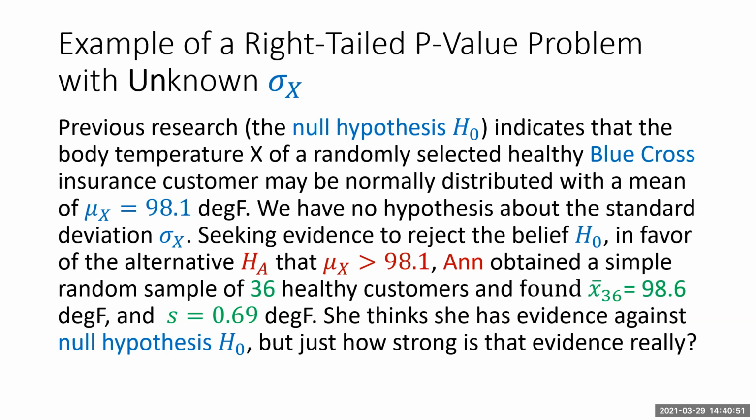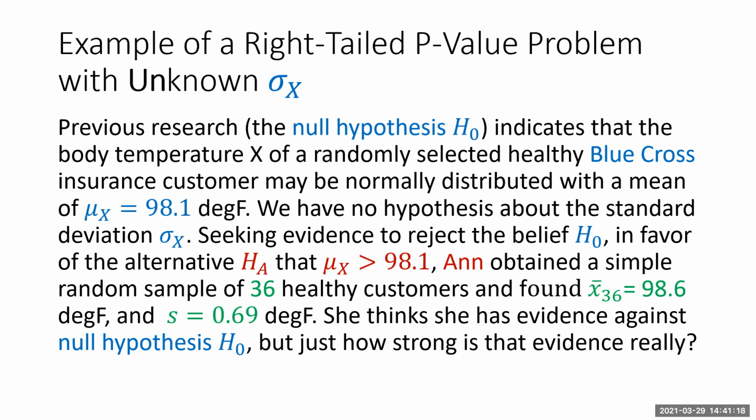She gets a simple random sample of 36 customers, and she finds that their sample mean is 98.6 degrees Fahrenheit. And she also calculates the sample standard deviation for just these 36 customers and gets 0.69 degrees Fahrenheit.